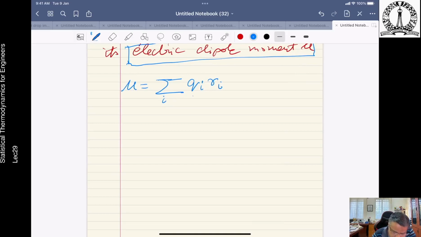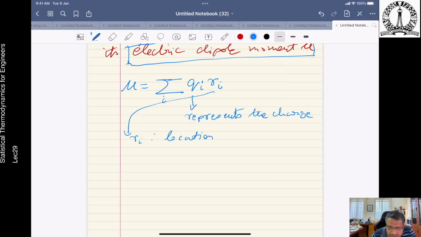Qi represents the charge, and Ri represents the location of each proton or electron. So it is basically the charge and the location, summed over all charges and all locations.